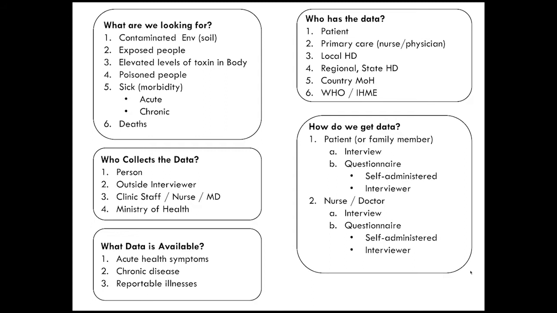Elevated levels of toxin in the body. Does that mean someone is sick? So when someone has a blood lead of 20, are they sick? It's both an epistemological question as well as a medical question, and one would say no, it doesn't mean they're sick, it means there's a toxin in their body, but we don't have clinical disease, or we don't have per se a condition. One can think of it as having high cholesterol.